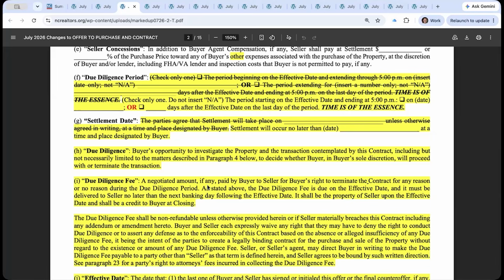Then they would have the next banking day following the effective date to pay. So that would be Tuesday, right? Then let's say the buyer doesn't pay on Tuesday. That means the seller could make a demand on Wednesday. The buyer would have Thursday. And if the buyer doesn't pay on Thursday, then the seller could terminate on Friday. So that's a very different process.